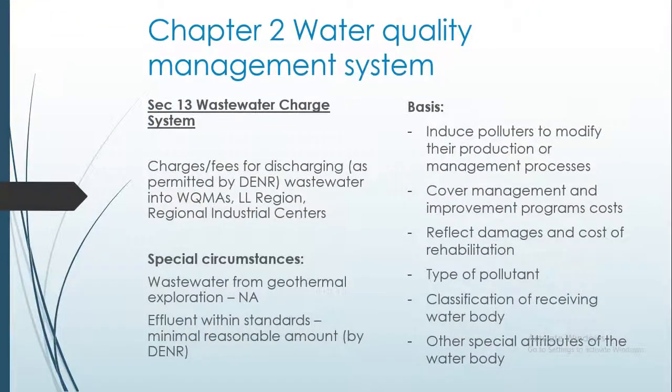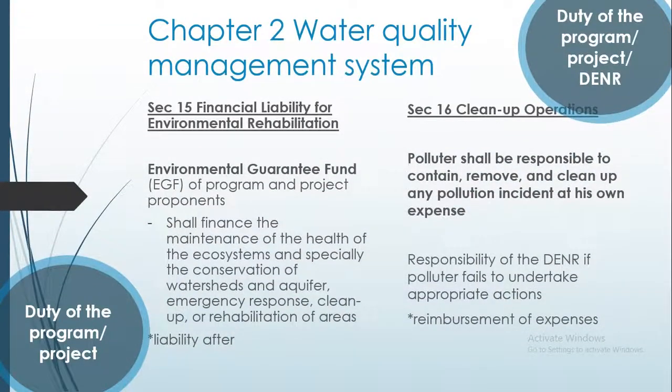Wastewater charge system has the following considerations and exemptions. For business operations, they are supposed to secure an environmental guarantee fund to facilitate maintenance and rehabilitation of the surrounding environment.